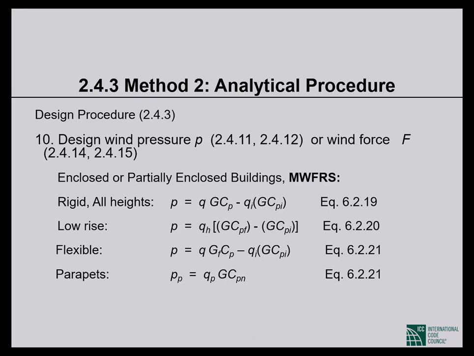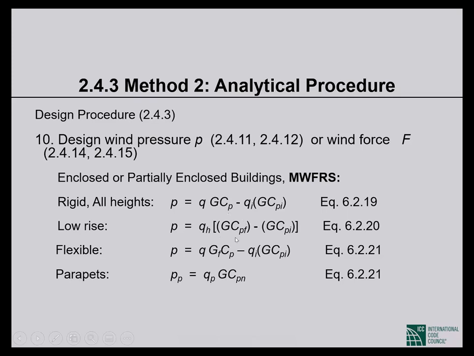So all of that is Q, and we know where to get all the components. Okay, so this is for a building of any height. When it is a low-rise building, even on the windward face, we do not use Q sub Z. It is Q sub H for all faces of a low-rise building.